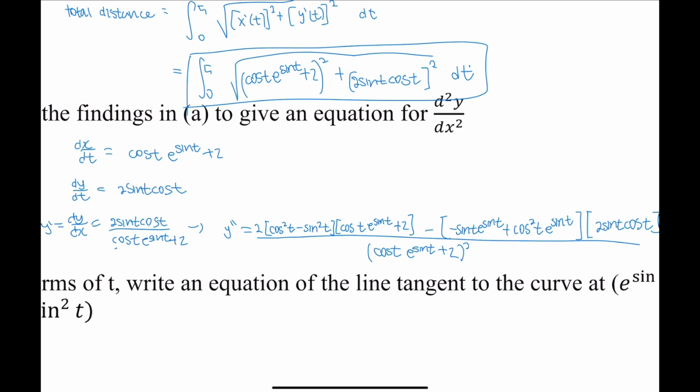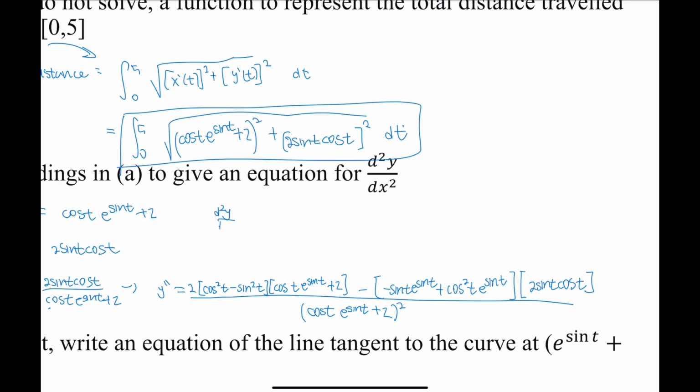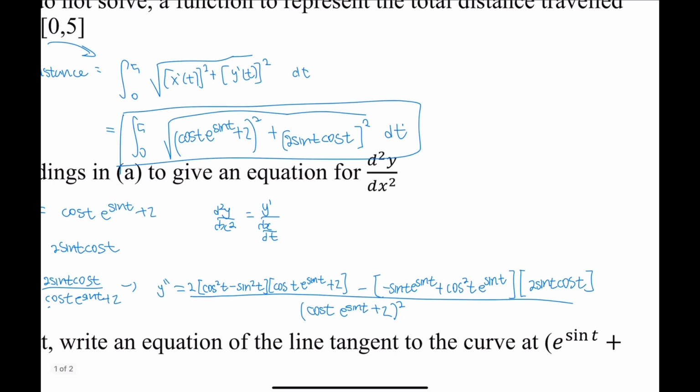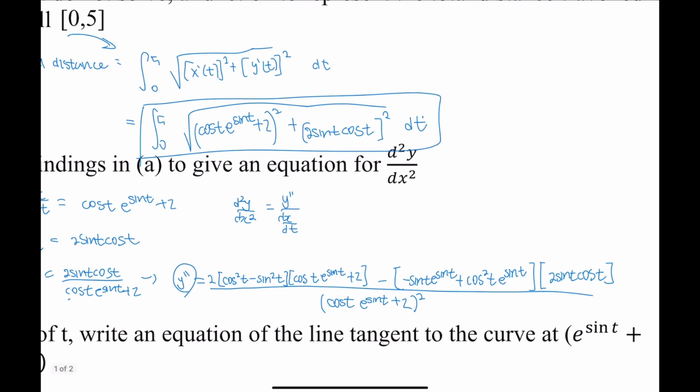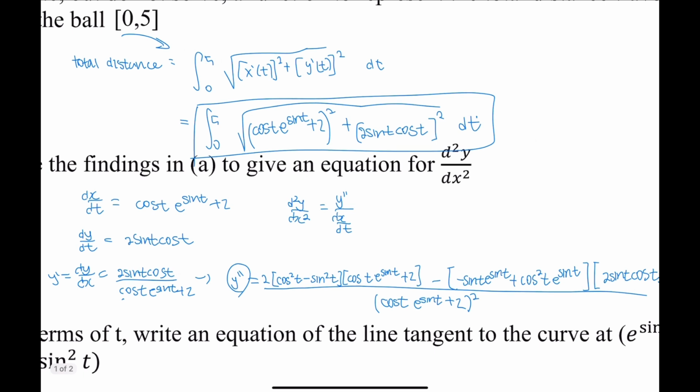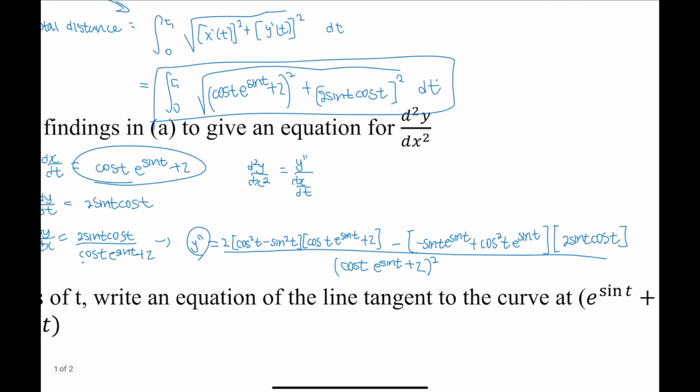But then this isn't it. We actually have to say that d2y over dx2 is equal to y double prime all over dx over dt. Since this is y double prime, our dx over dt is going to be in the denominator, which is cosine t e to the sine t plus 2.